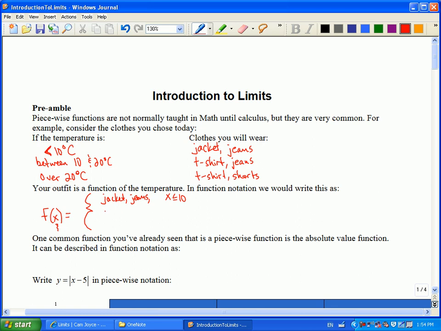And t-shirt and jeans is when I'm between 10 and 20. And then finally we said t-shirt and shorts when we were over 20.